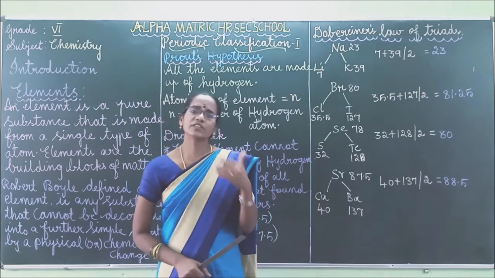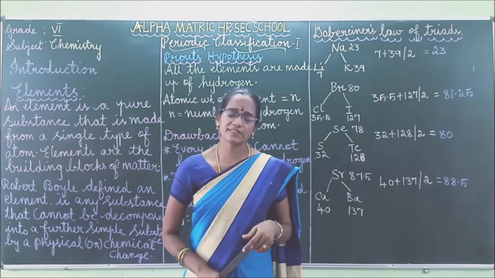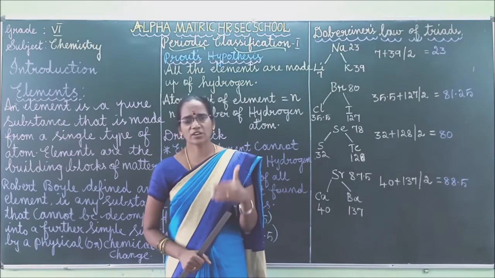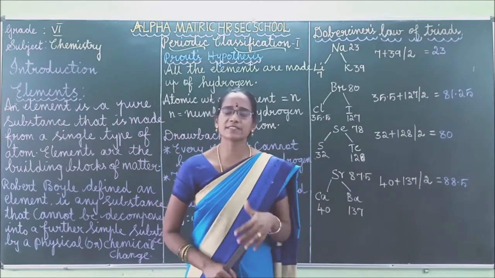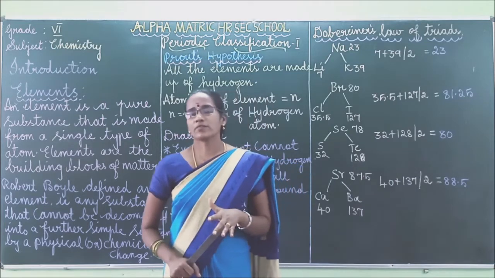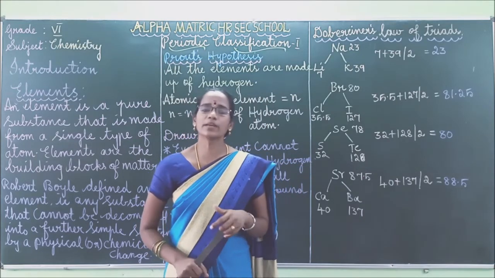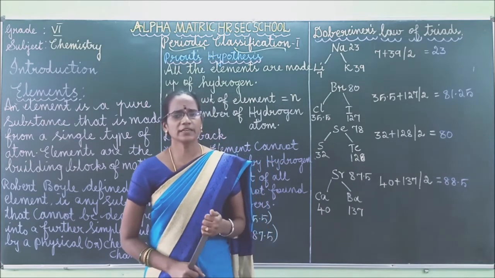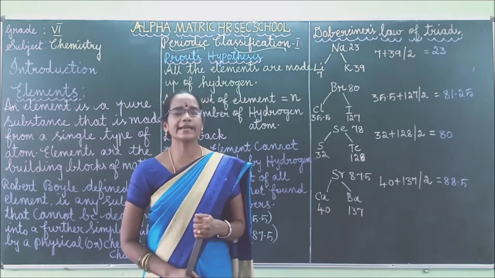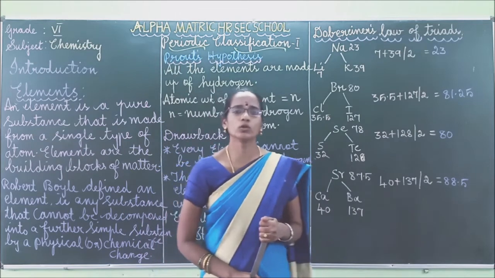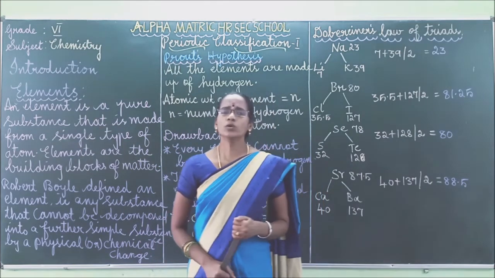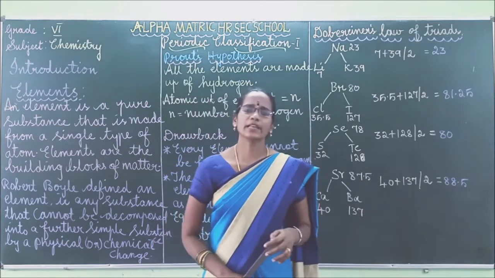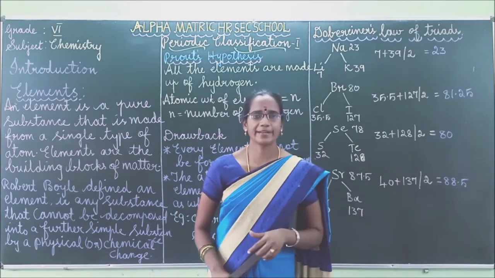But after the advancement in science and technology, in 1865 nearly 63 more elements were discovered. Presently, there are 118 elements known to us. Out of these 118 elements, some are man-made.